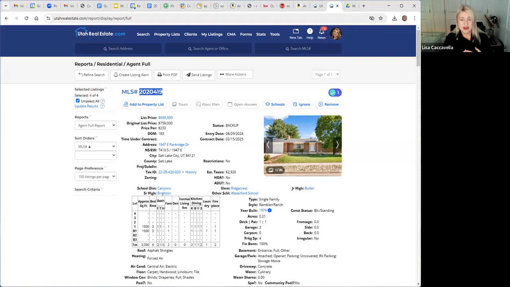I will tell you, most buyers do not understand the difference of what their down payment's going to be and that they have to pay closing costs in addition to that. So are we going to have to ask for closing costs from the seller in order for them to qualify? Those are things that we need to make sure that they understand is how much their closing costs are going to be. Do they have those funds in addition to their down payment?